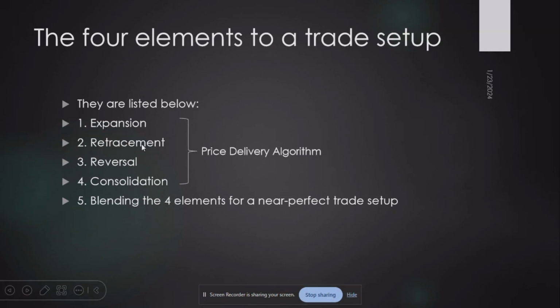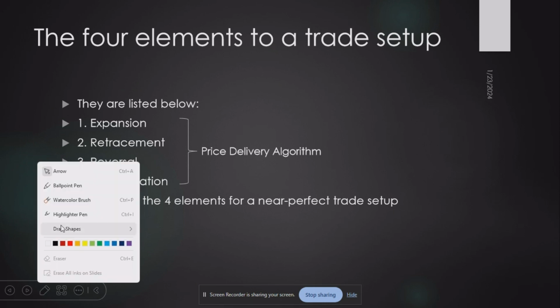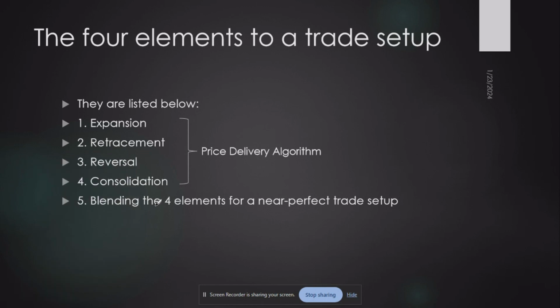So, mind you, all these four basic elements of a trade setup are totally controlled by the algorithm that I explained to you during the first week, which is the IPDA, interbank price delivery algorithm. At every point in time, price would always be doing one of these four things. In fact, it can't do two at a time.